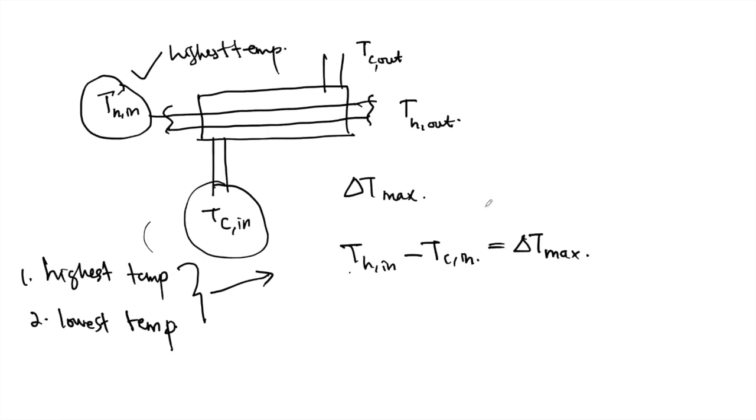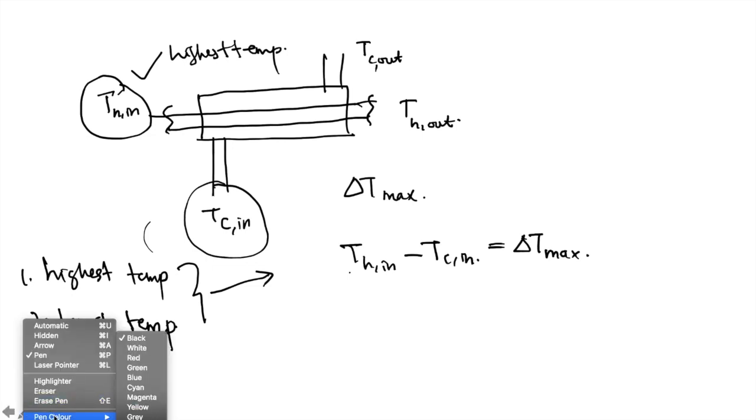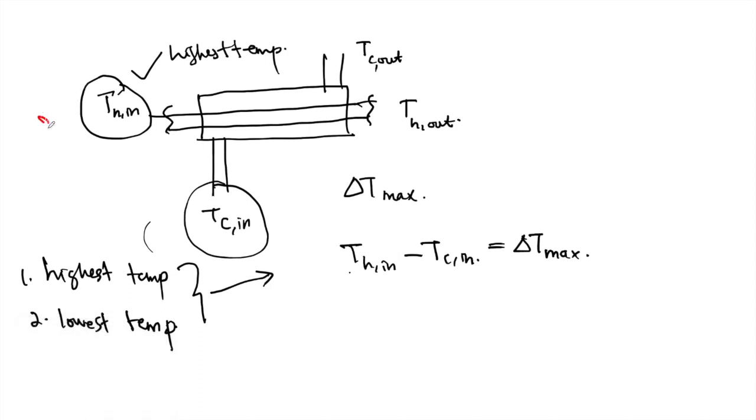This maximum temperature difference also means that, for example, if your hot fluid is at 80 degrees Celsius and your TC in is 20 degrees Celsius, your system can reduce this temperature down to 20 degrees Celsius only, and it will not reduce further, below 20 degrees Celsius.